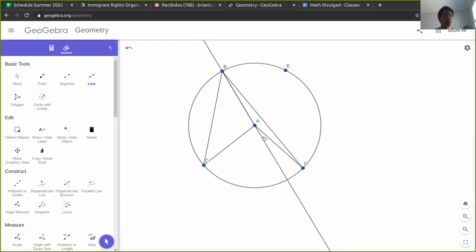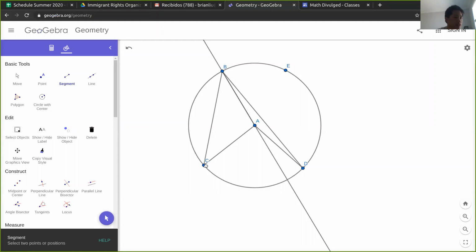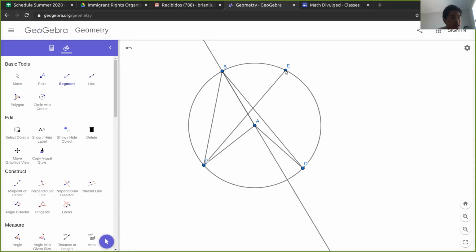Well, this angle right here has nothing to do with B, right? So what happens is if we draw CED, this angle, then this is also twice of this angle. So what is the relationship between angle CBD and angle CED?